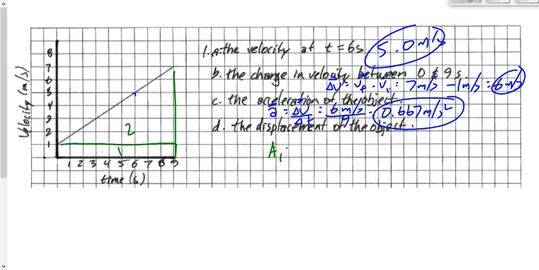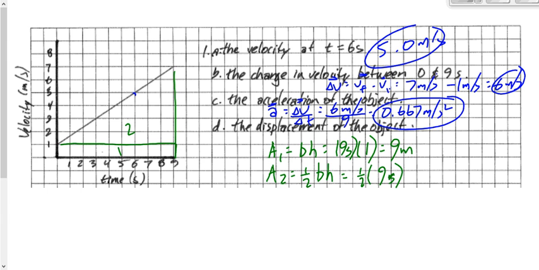So the area of the rectangle, section 1, we're going to say it's base times height, which is 9 seconds times 1, which is 9 meters. And then we're going to say the area of the second section is 1/2 base times height, which is 1/2 of 9 seconds times the height.